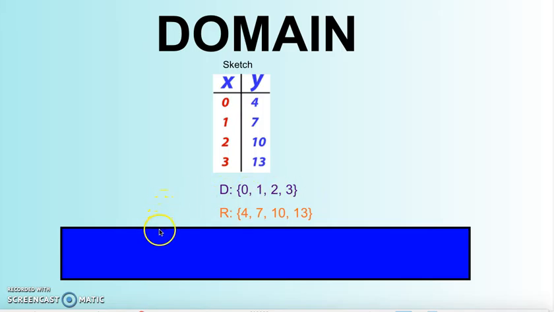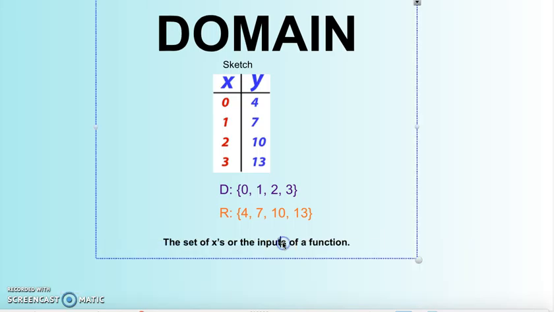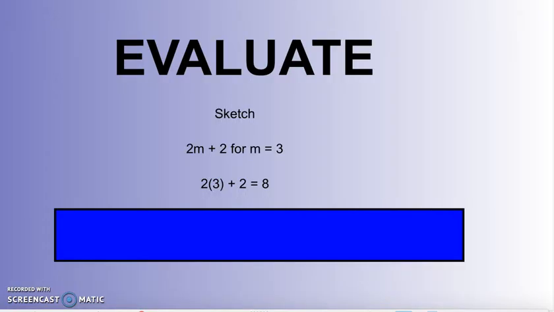Okay, so the definition is the set of x's or the input of a function. And I actually want to take this S off. It's the input of a function. Okay, and so if you got that right, please put a star or highlight it if you need some work with it.